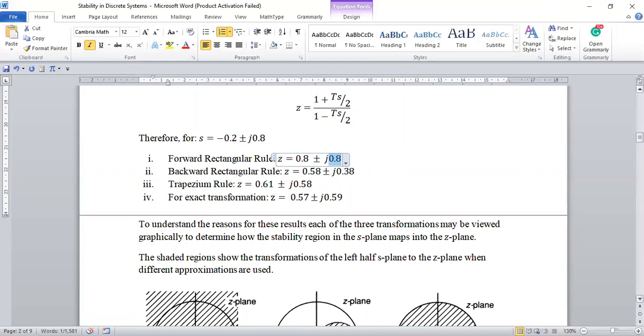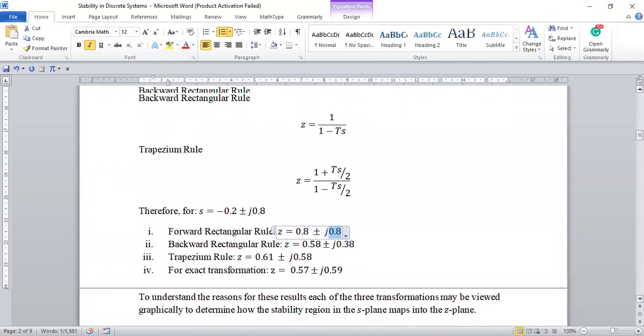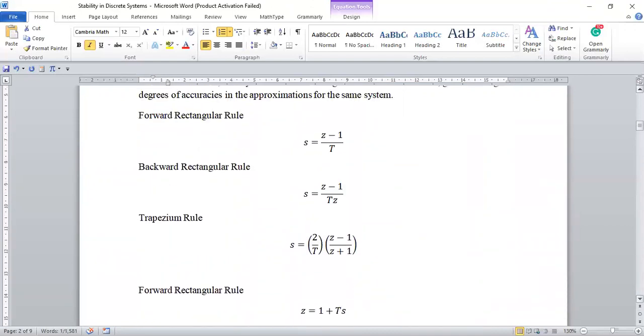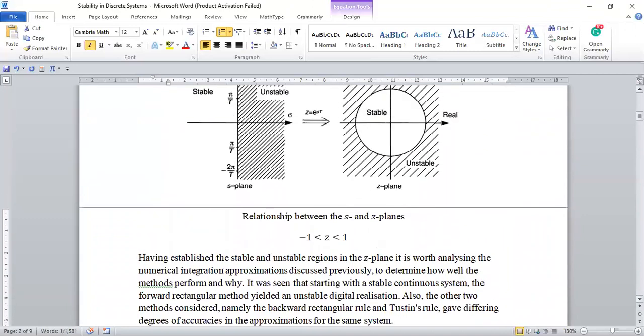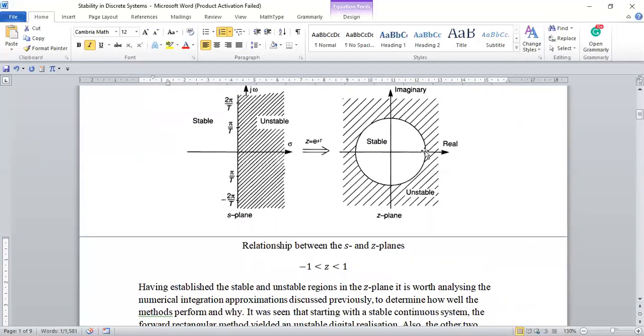So if we were to plot this on the unit circle here, you know here is 1 and here is 1, then here is -1 and here is -1. So 0.8 on the real part will be here, then the imaginary part 0.8 will be here.